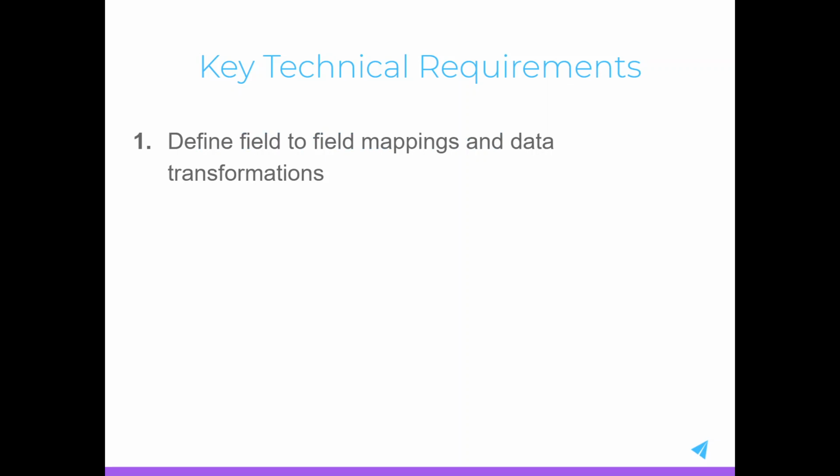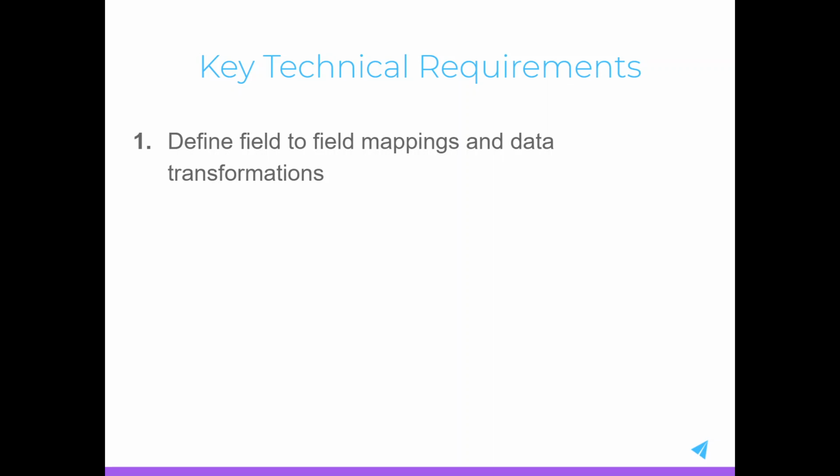In addition to mapping out a high-level load order, you always want to define field-to-field mappings for the data. Include in this mapping any transformations that need to occur between the legacy system and Salesforce. This could be something as simple as storing a contact's gender in Salesforce.